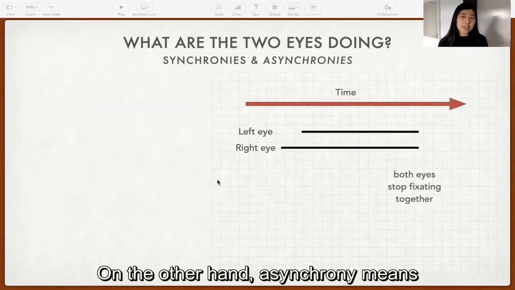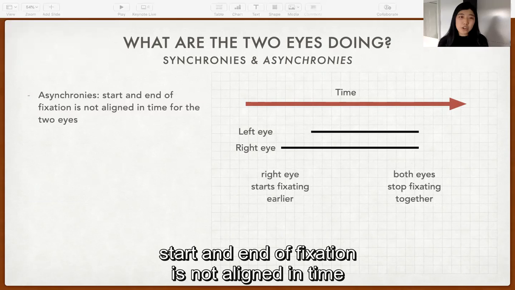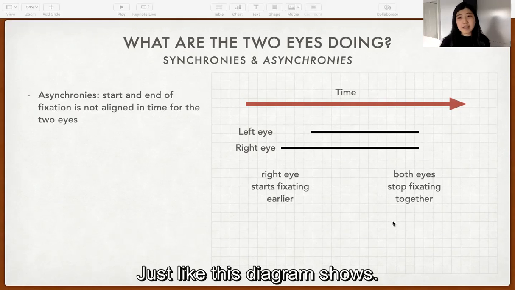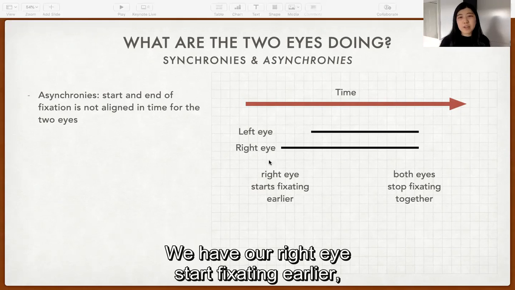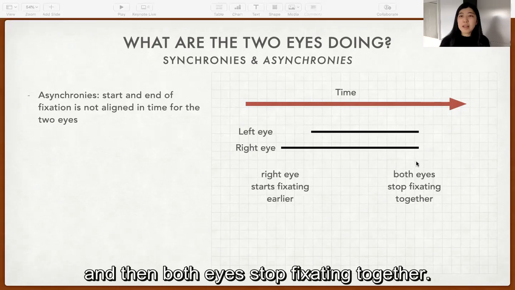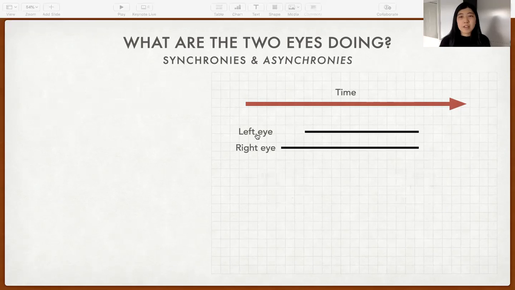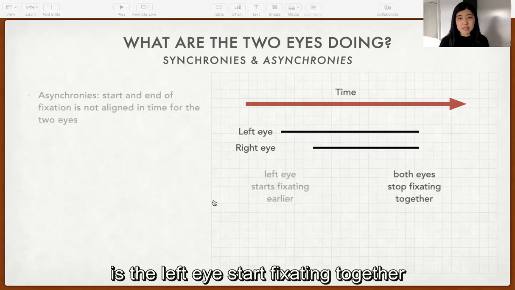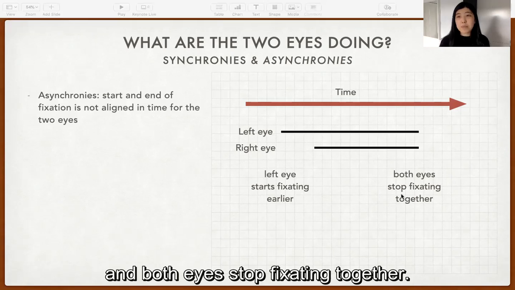On the other hand, asynchrony means the start and end of fixation are not aligned in time for the two eyes. Just like this diagram shows, we have our right eye start fixating earlier, and then both eyes stop fixating together. Another example of asynchrony is the left eye starts fixating earlier, and both eyes stop fixating together.